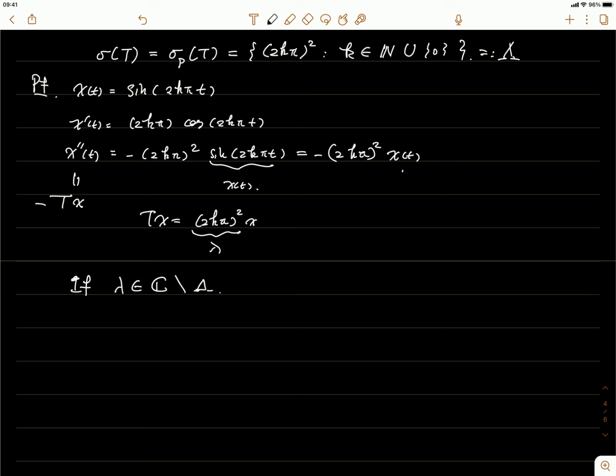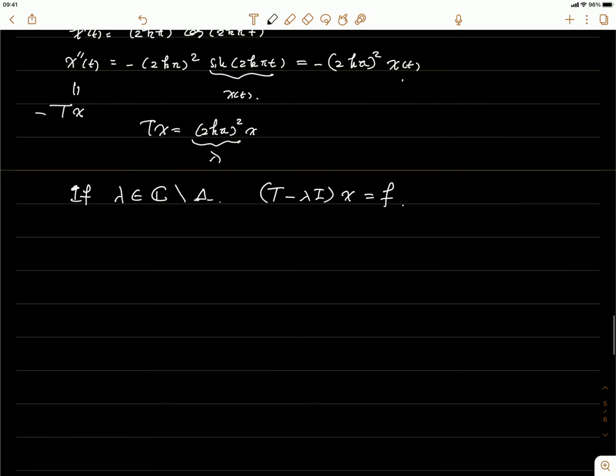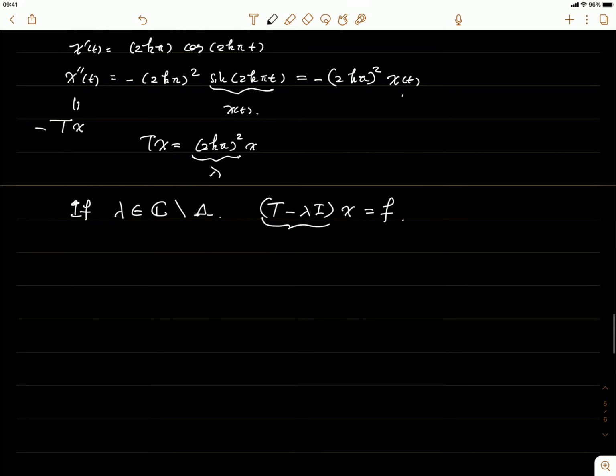So in this case, let's look at this equation, (T minus lambda I) x equals f. I want to show that this lambda I minus T, or T minus lambda I, is going to be a bijection.